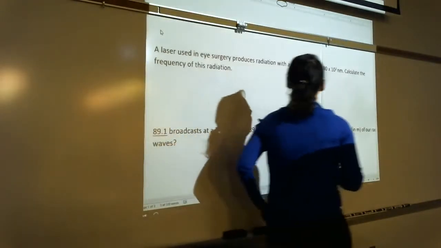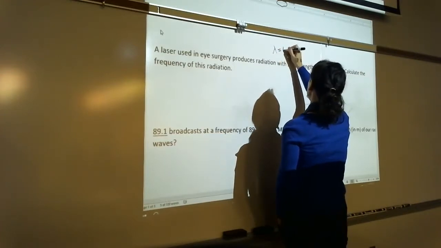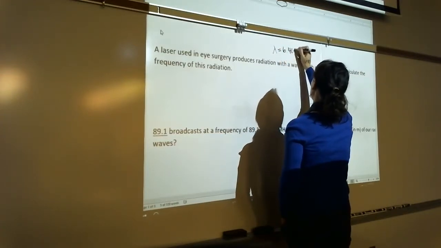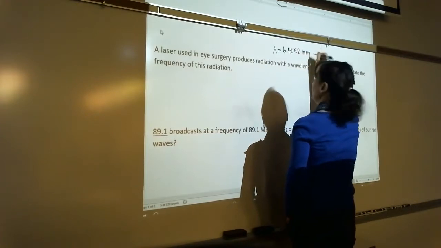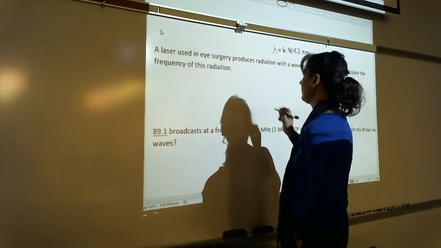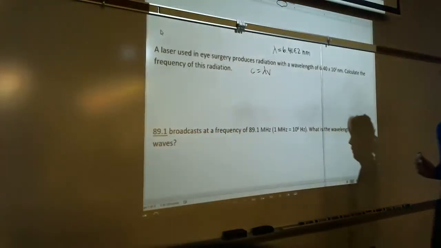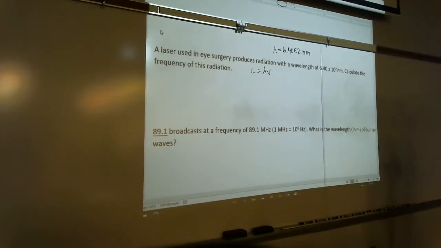All right, so we're given the wavelength. Wavelength is 6.40 times 10 to the second nanometers. And we want to know the frequency. So what do we need to do before we can do any arithmetic here? Can we leave our unit in nanometers?